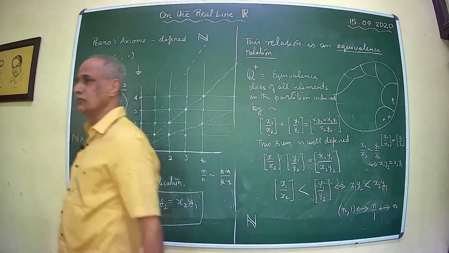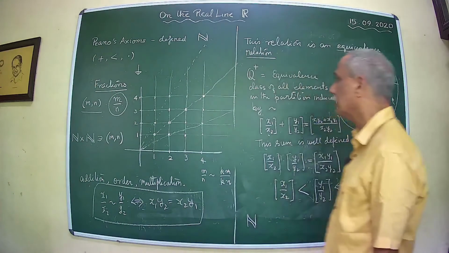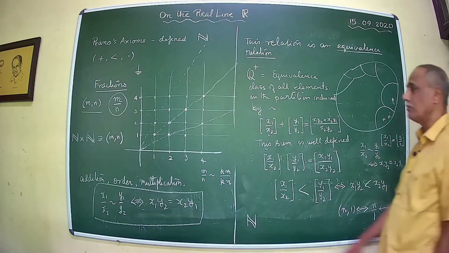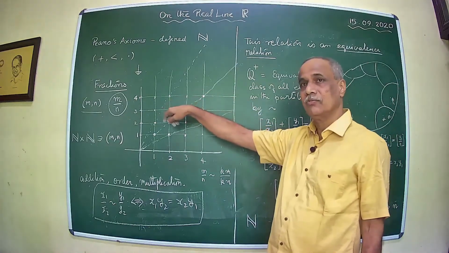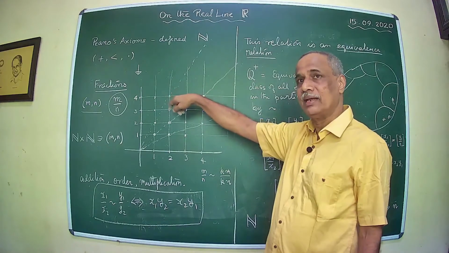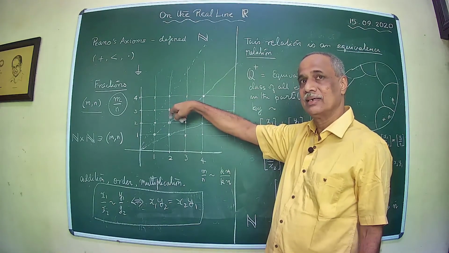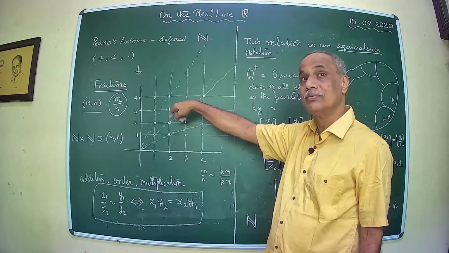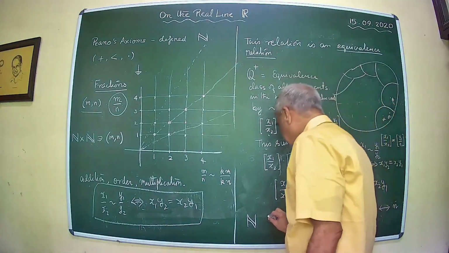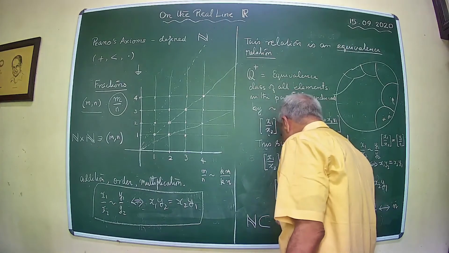Therefore, you see that every natural number can be discovered as a fraction, and therefore equivalently as an element of Q plus. So what you have is that N is contained in Q plus.